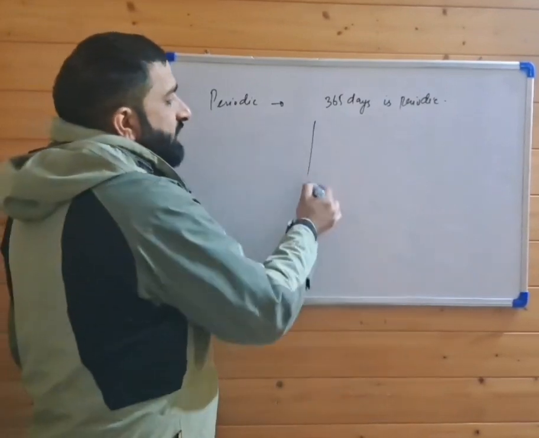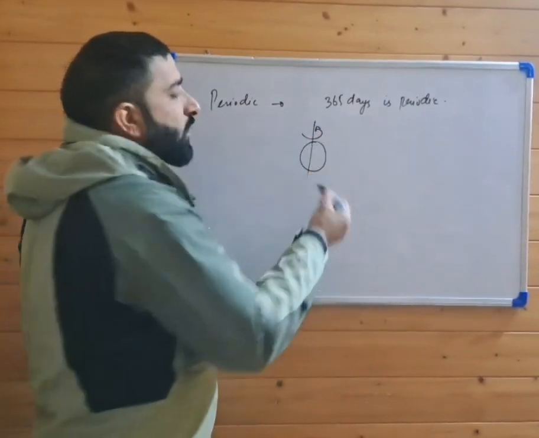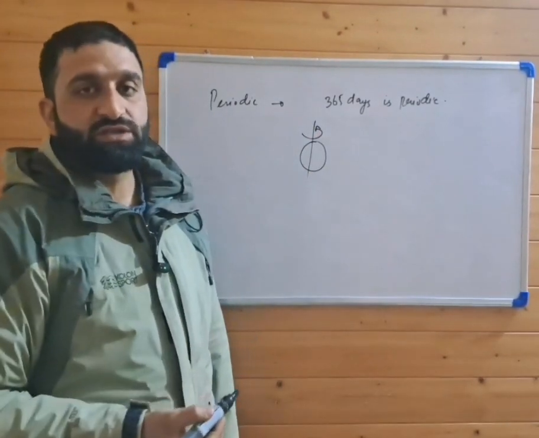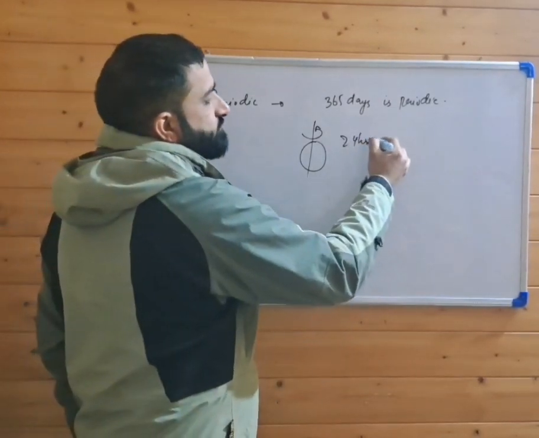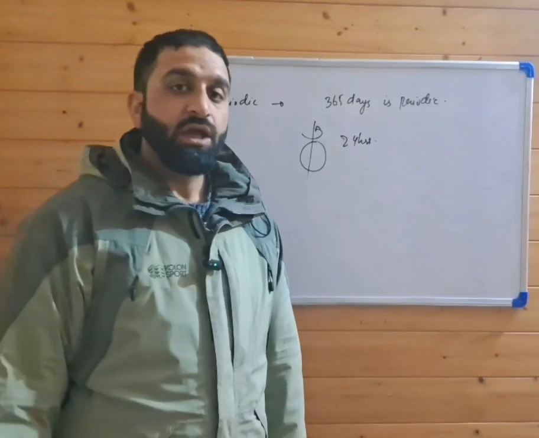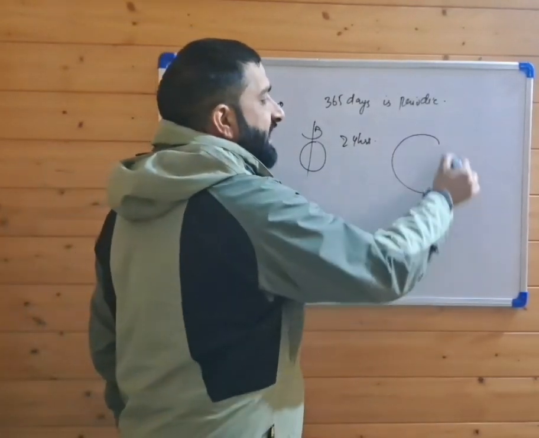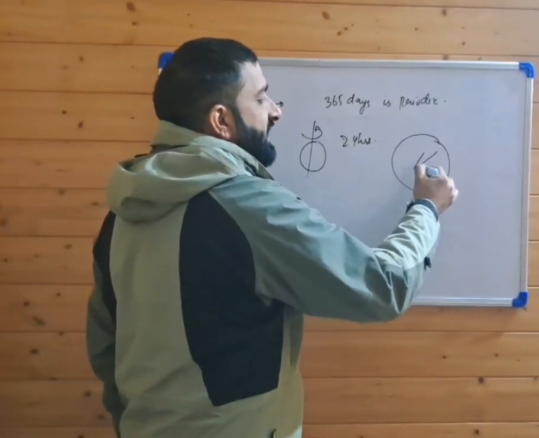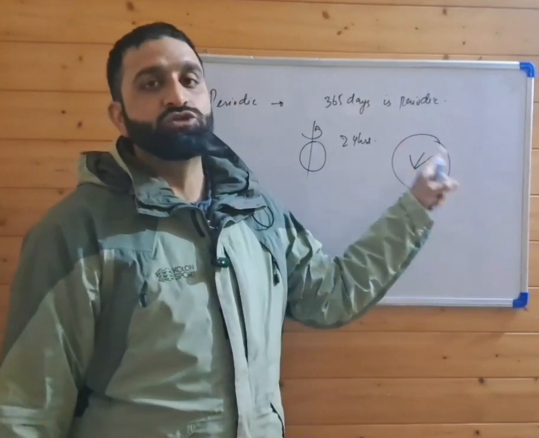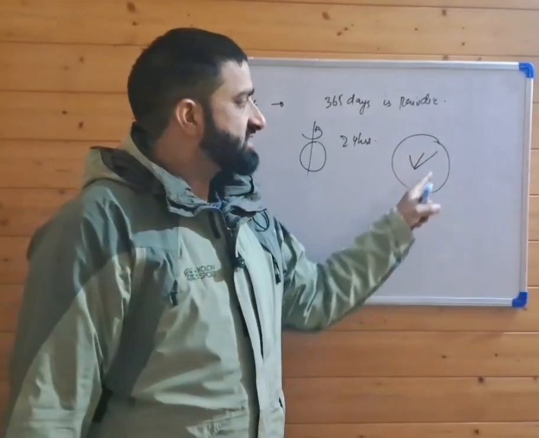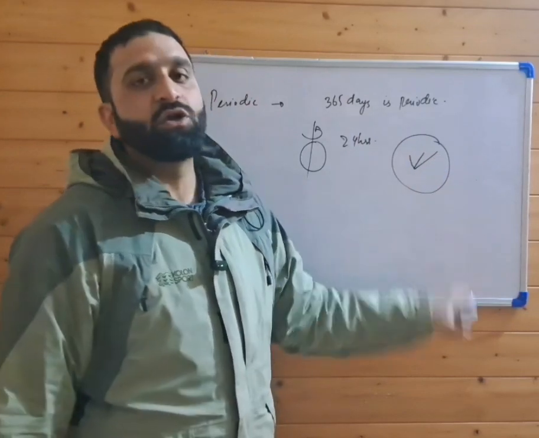The rotation of Earth around its own axis is a periodic motion and it completes its rotation in 24 hours. If we take a clock, we have got three hands. One is second hand, minute hand and hour hand. A second hand completes one revolution in 1 minute. That means the motion of the second hand is a periodic motion.